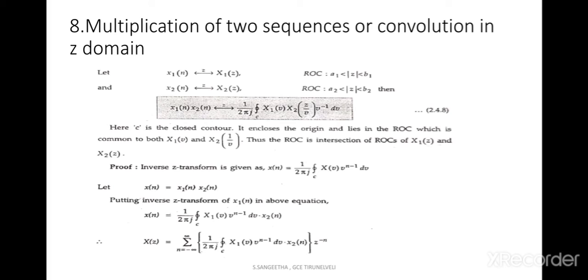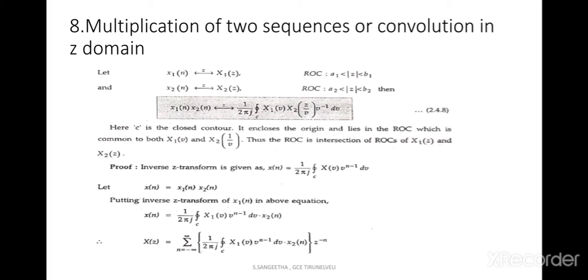Here C is a closed contour. It encloses the origin and lies in the ROC which is common to both X1(v) and X2(1 by v). Thus the ROC is the intersection of the regions of convergence of X1(z) and X2(z).